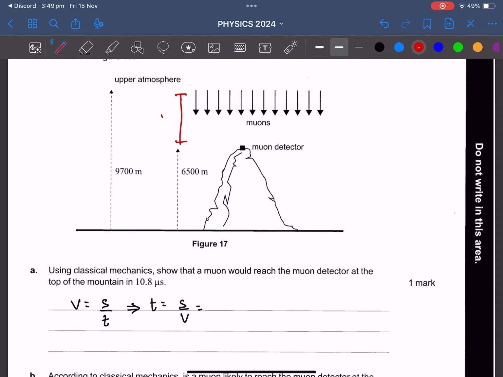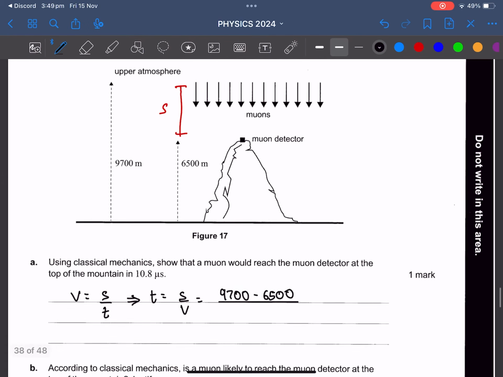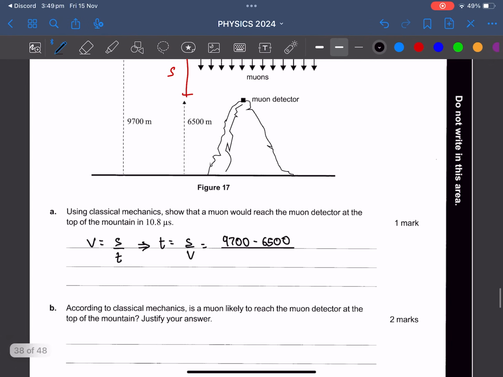So this is our S. So that means our S is basically just 9,700 minus 6,500 divided by our velocity, which is 0.985 times 3 times 10 to the power of 8, basically, because it's speed of light, right?